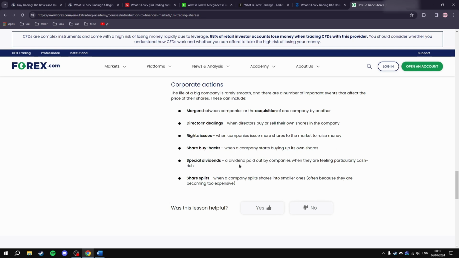Special dividends. A dividend paid out when the company is feeling pretty cash rich. That's going to increase the price of the shares, right? How would that affect the price?